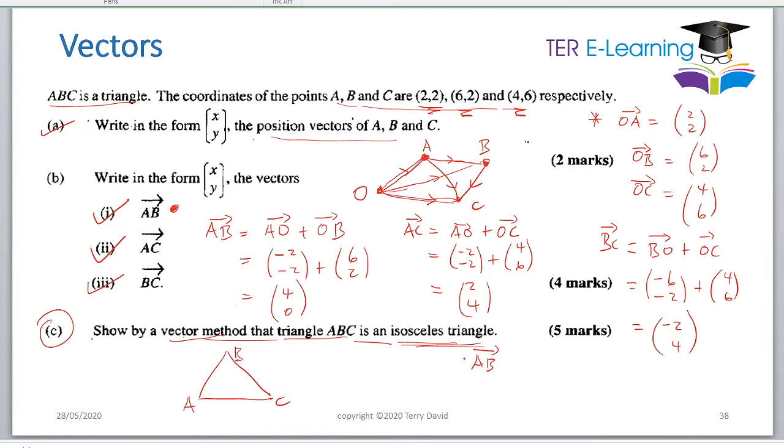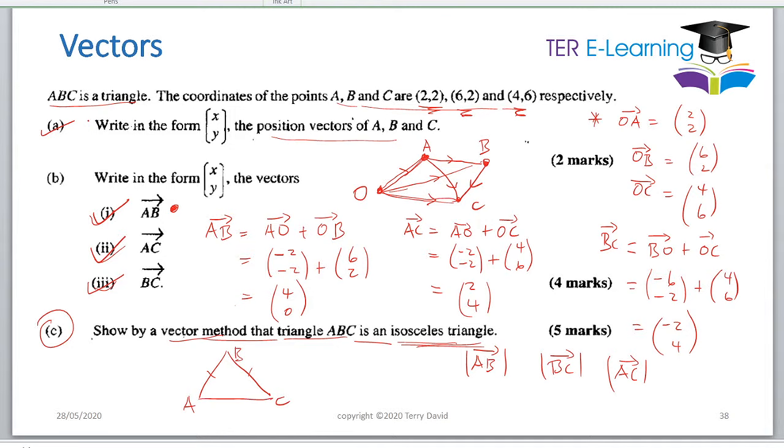We can find the magnitude of AB, the magnitude of BC, and the magnitude of AC. If you look carefully, we have all the lengths in terms of a vector, which we just worked out.